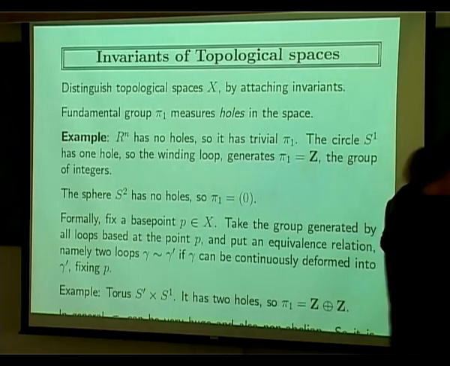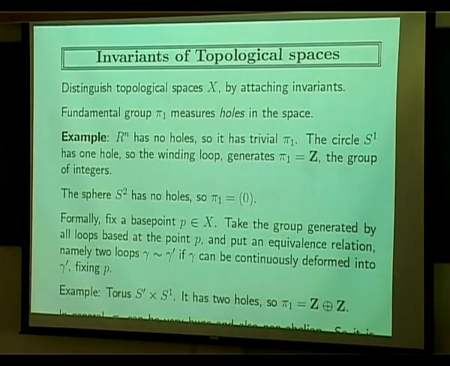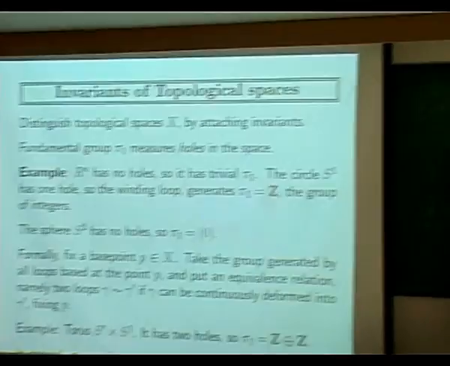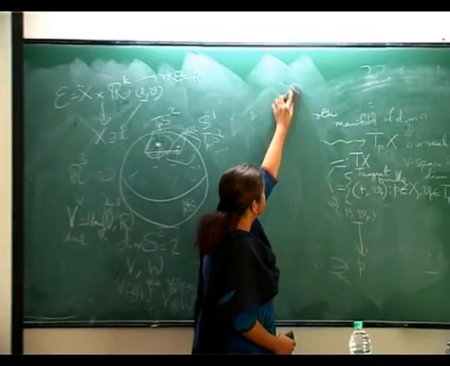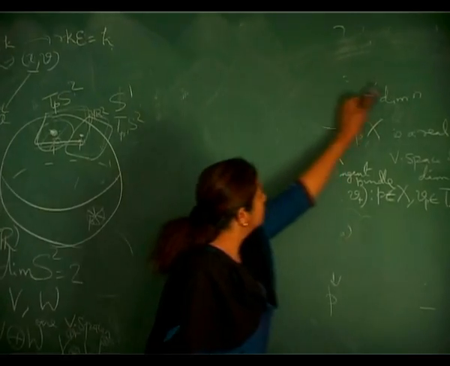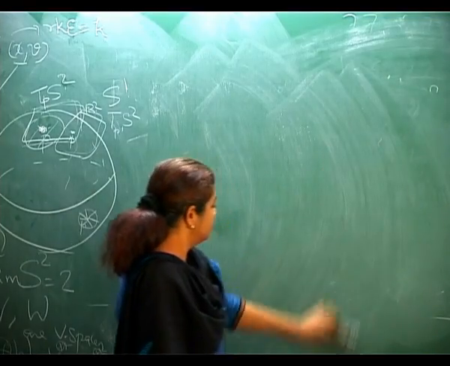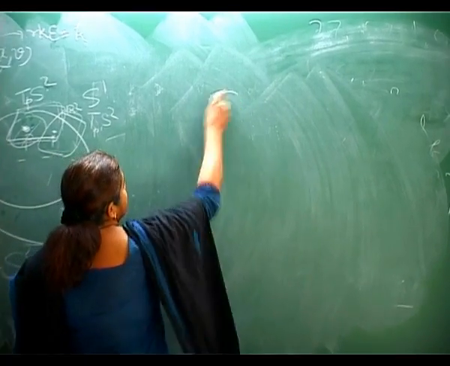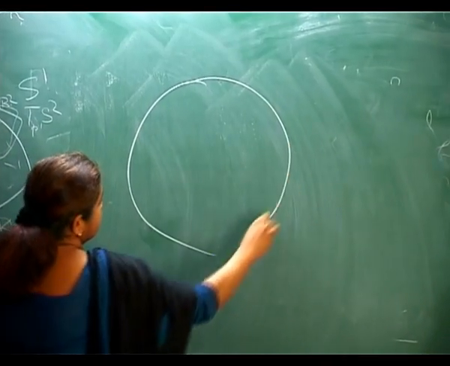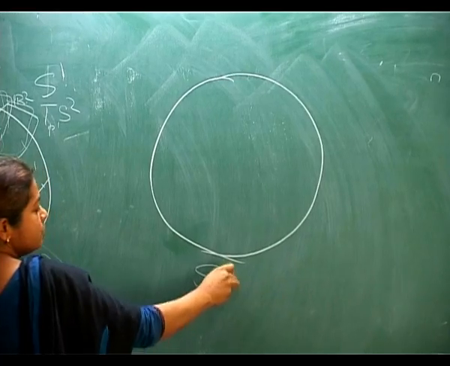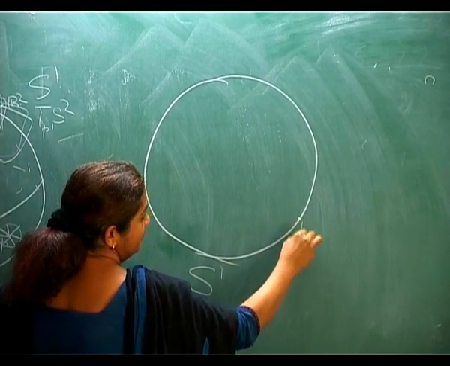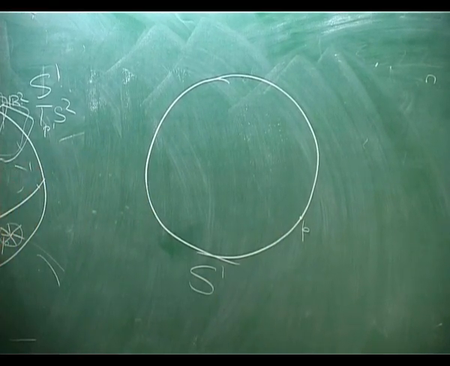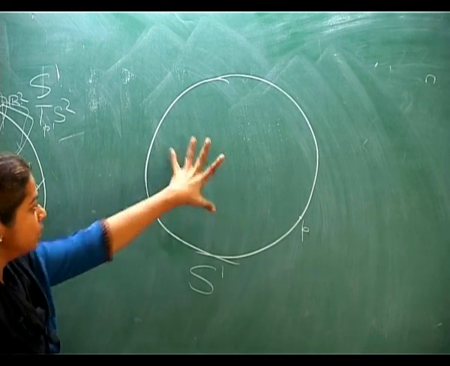So in the sense that, you have the circle S1. So I choose some point here P. So we see that there is precisely a big hole here.